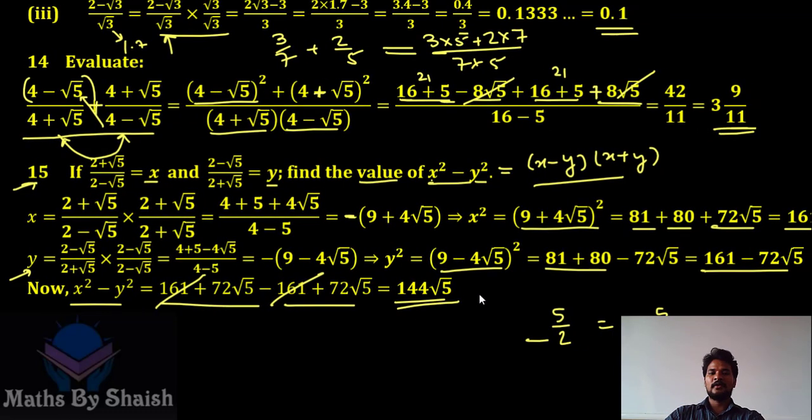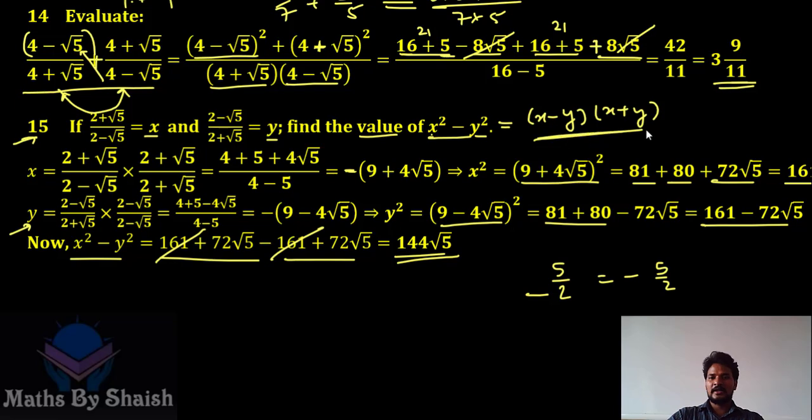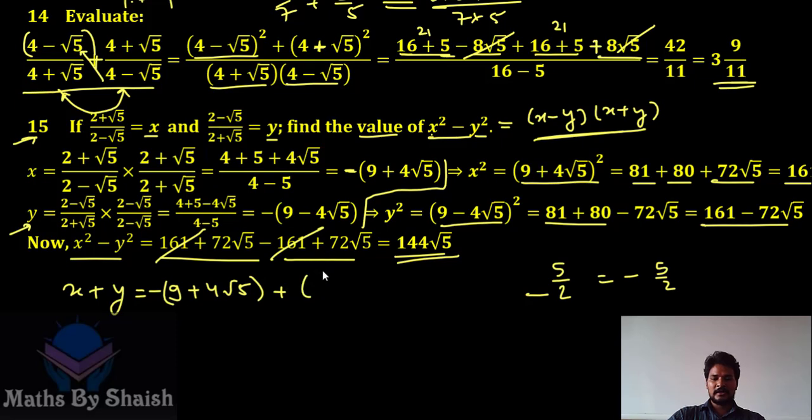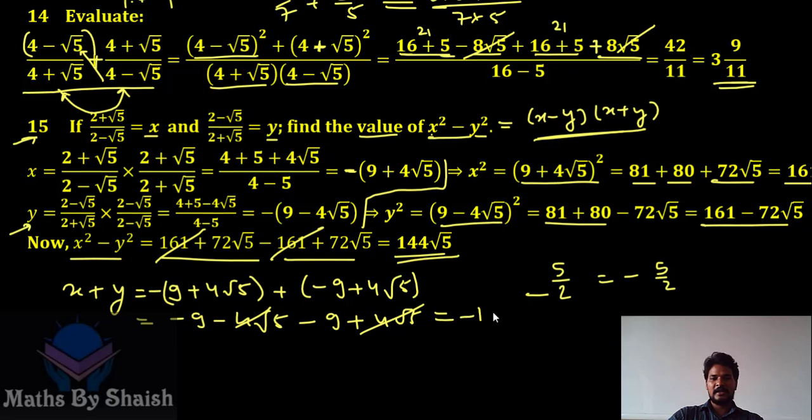And in this way, if we want to use this identity, we have x and y at this step only. So x plus y would be minus 9 plus 4 root 5 plus again minus 9, so minus will change the sign, minus 9 plus 4 root 5, and if you simplify we will get minus 9 minus 4 root 5 minus 9 plus 4 root 5. These two got cancelled and we got minus 18.